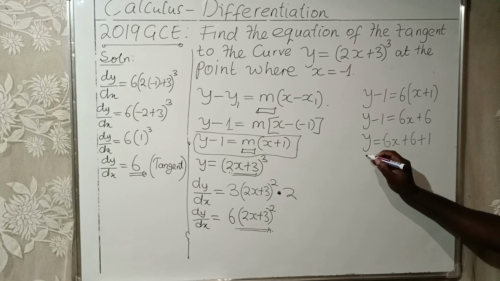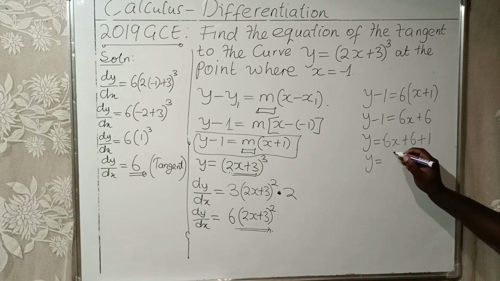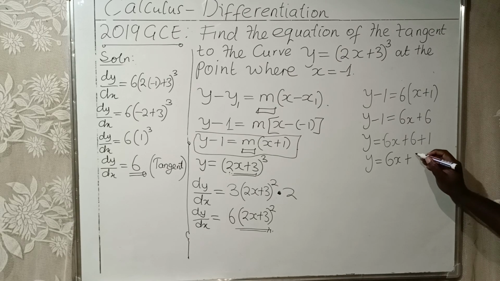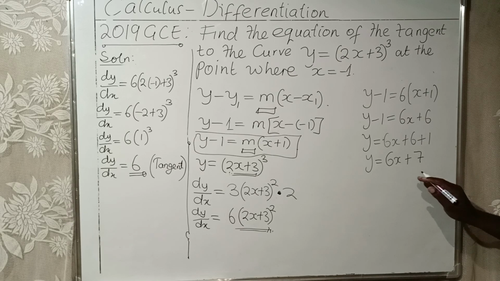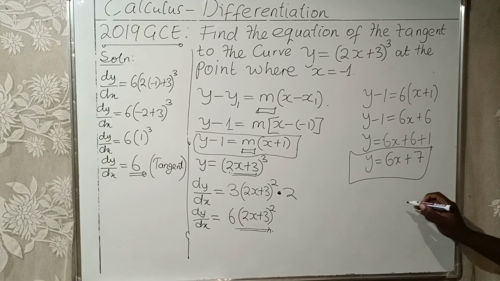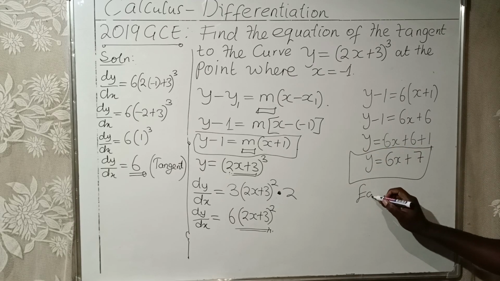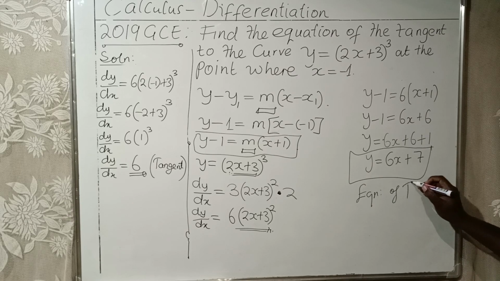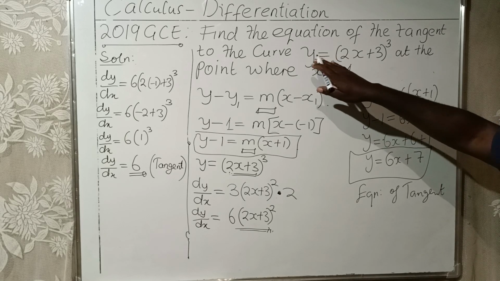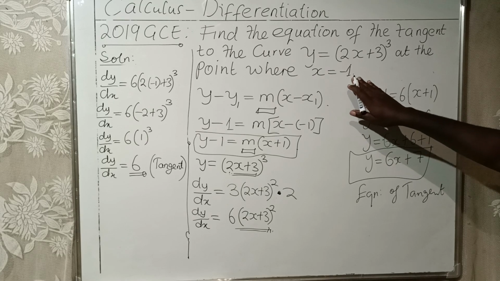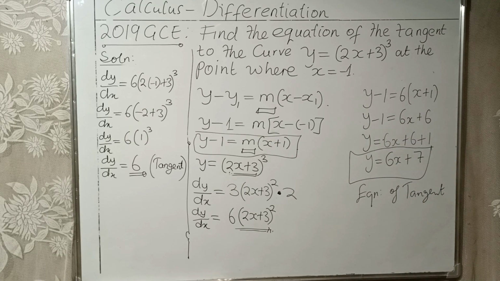So finally, our y is equal to 6x plus 7. So basically, this is the equation of the tangent to the curve at x is equal to negative 1.